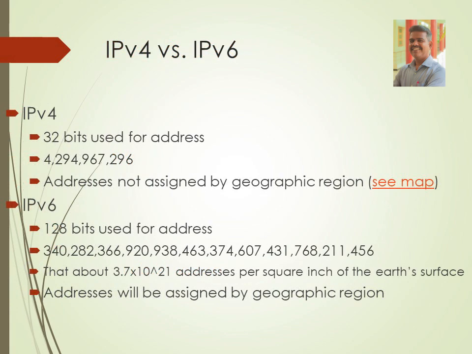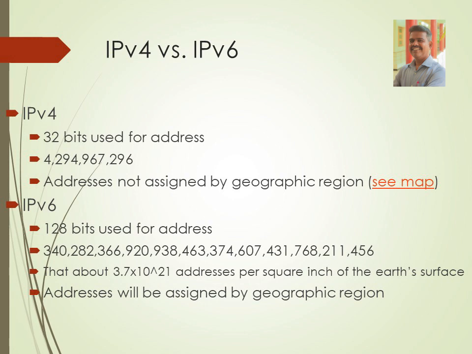IP address version 4 and IP address version 6. IP address version 4 uses a 32-bit address. IP address version 6 uses a 128-bit address. The major differences between IP address 4 and IP address 6 are: in IP address 4, encryption and authentication is not provided.